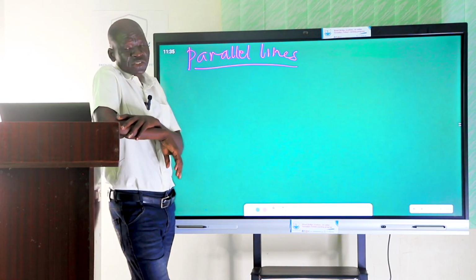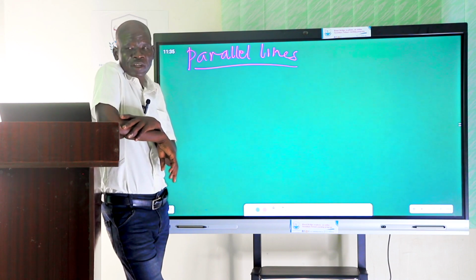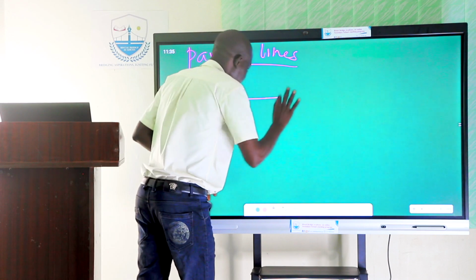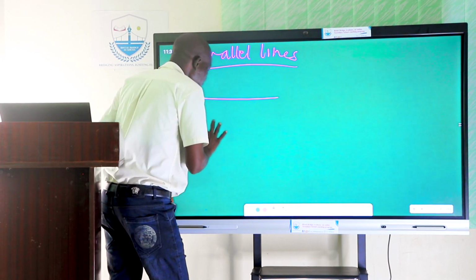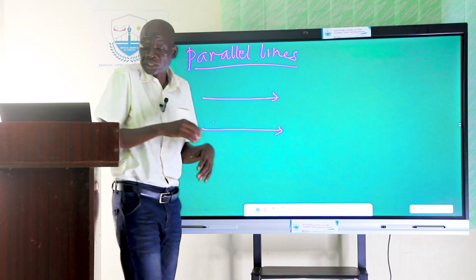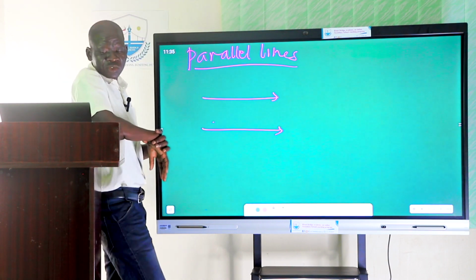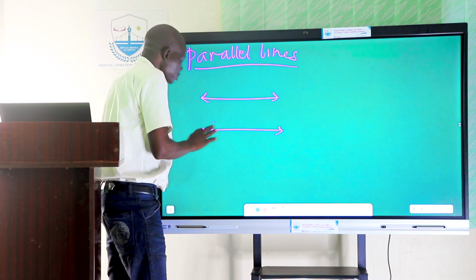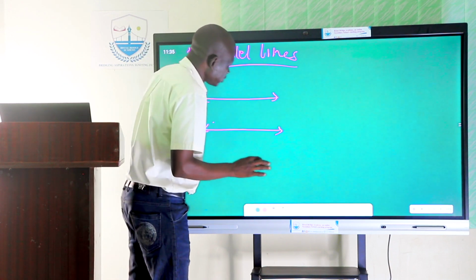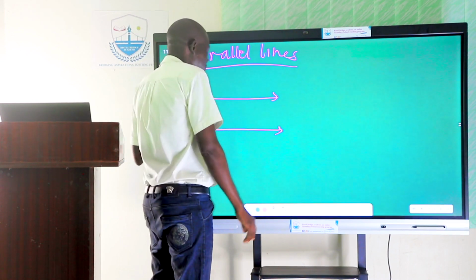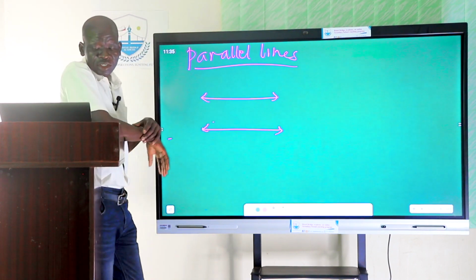Parallel lines are represented by straight lines with arrows on them. These arrows can be in opposite directions, meaning this line can head this way or that way.